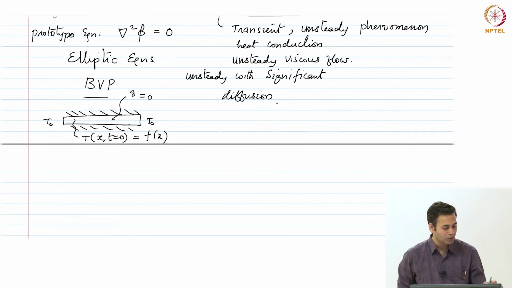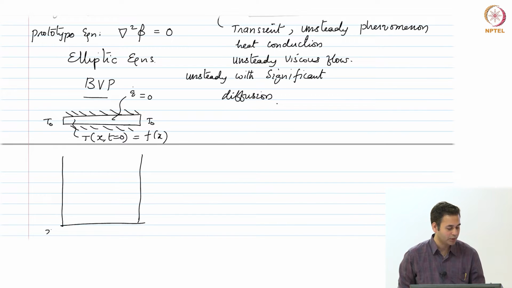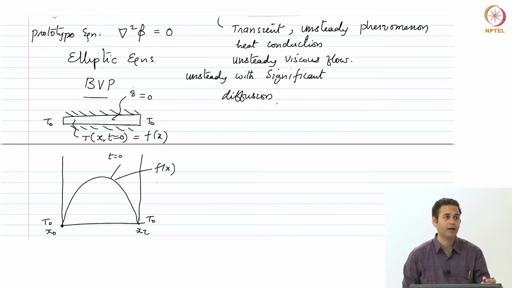So that means if I draw the initial profile, so this is my x0, this is my xL, and both are maintained at some temperature T0, okay. The initial temperature profile in this rod is essentially given by this function, at t equals 0, some function of x, okay. Now what will happen as time progresses?